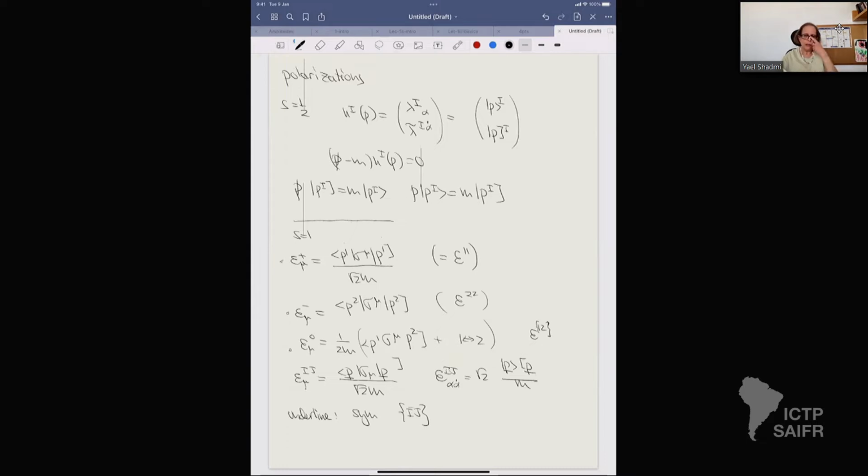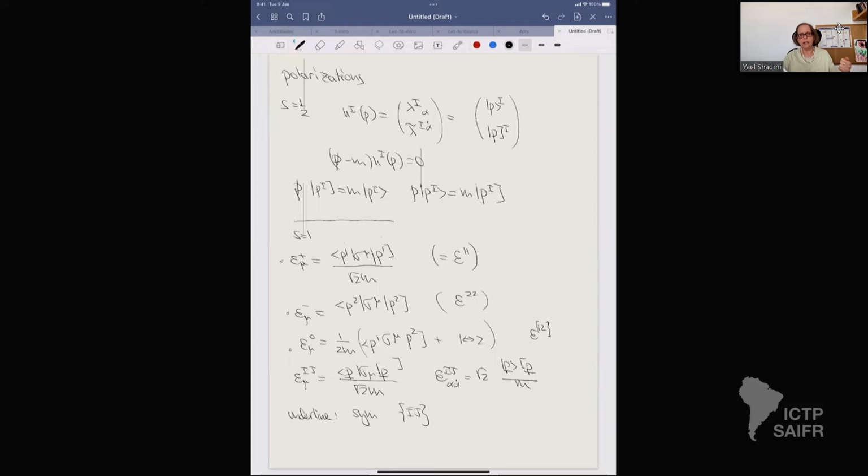In a way, if you think about this, it's not terribly surprising because we're constructing SU2 representations, and you can construct those just from the basic ones, which are the spin 1/2 representation.